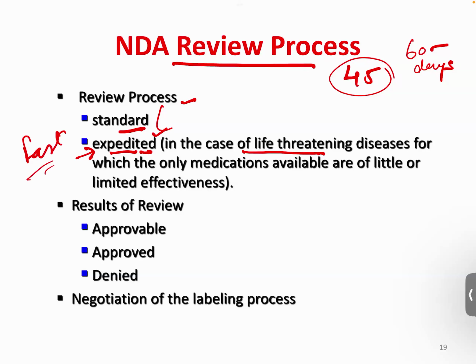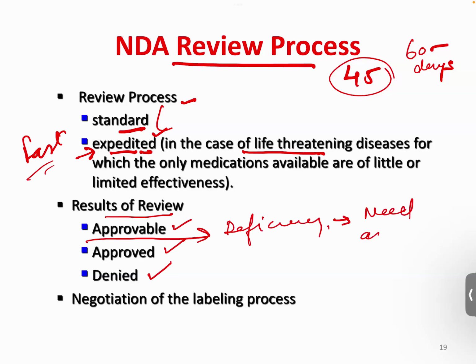Now there can be multiple review outcomes: approvable, approved, denied. Approvable means there is a deficiency, maybe you need to provide additional information.